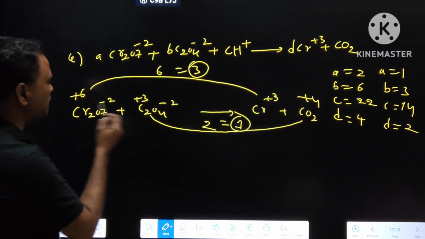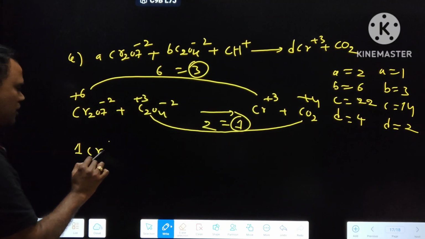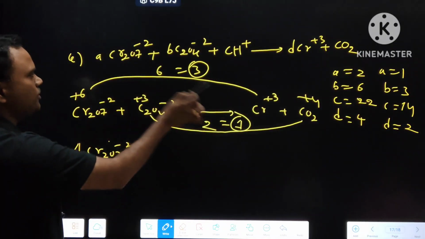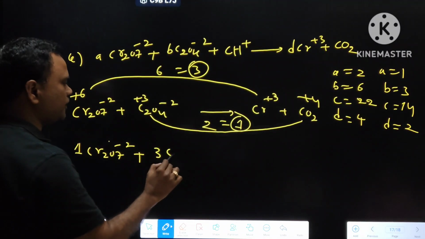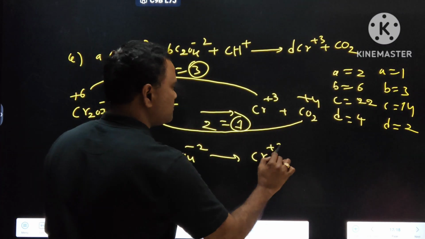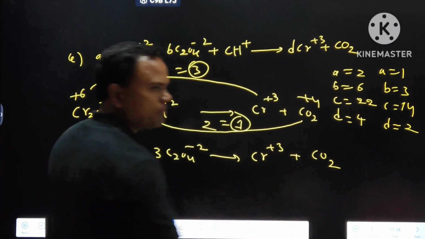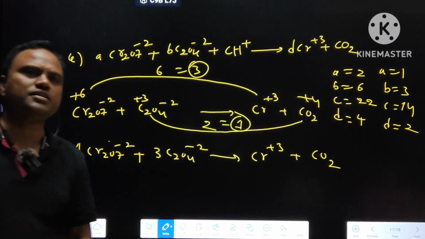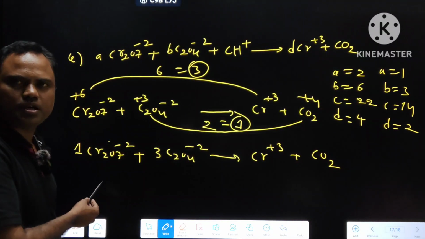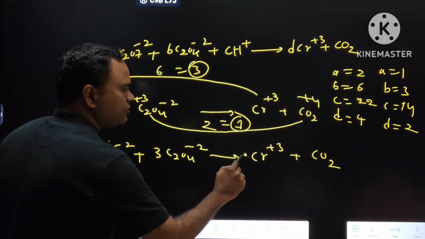Carbon change is 1, so 1 Cr2O7 minus 2, plus chromium change is 3, so 3 C2O4 minus 2, Cr plus 3 and CO2. Next, balance the atoms other than oxygen and hydrogen. This side, how many chromium atoms are there? 2. So write 2 here.